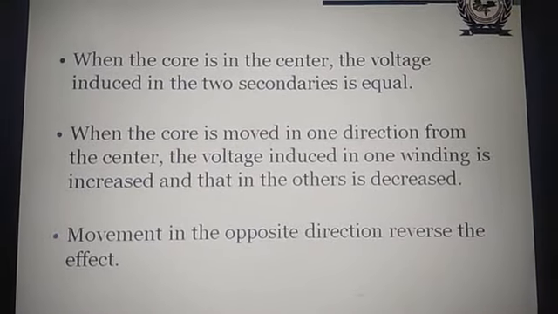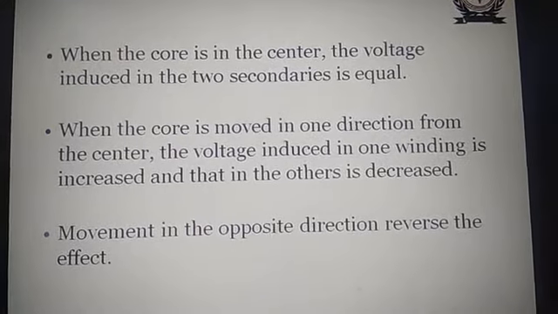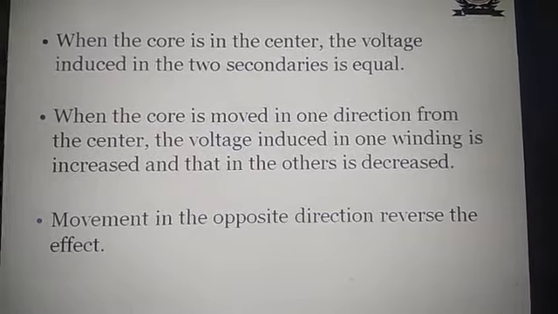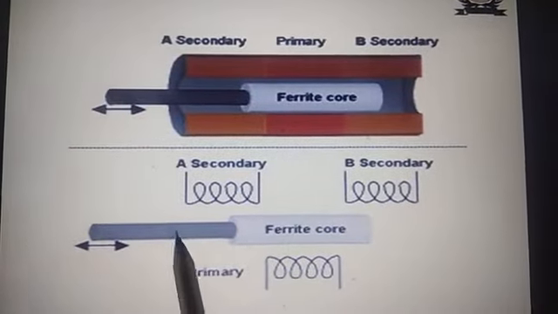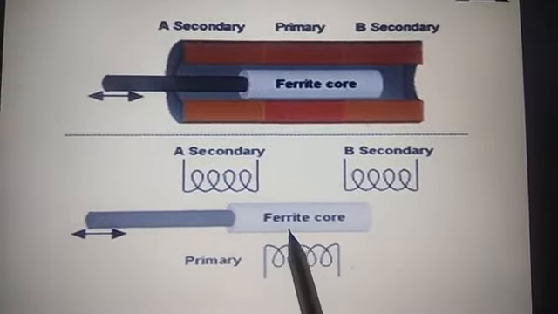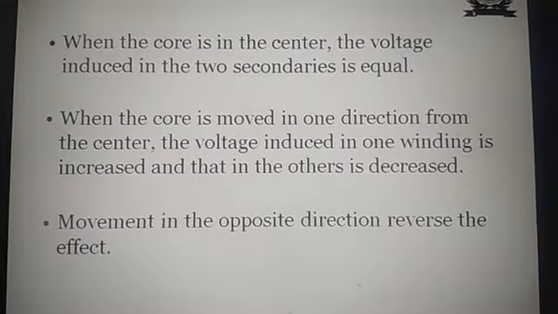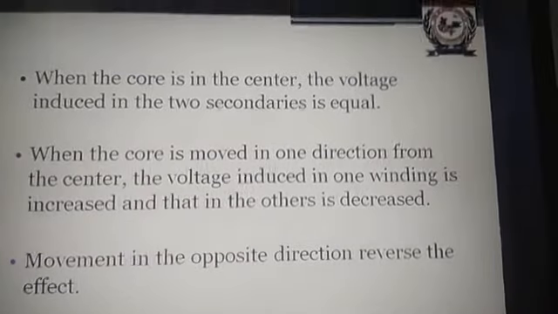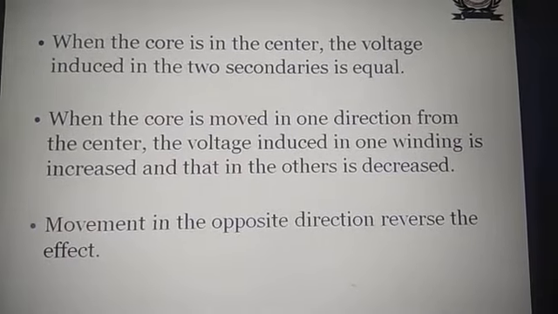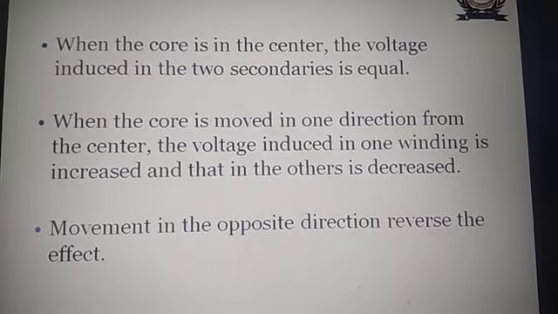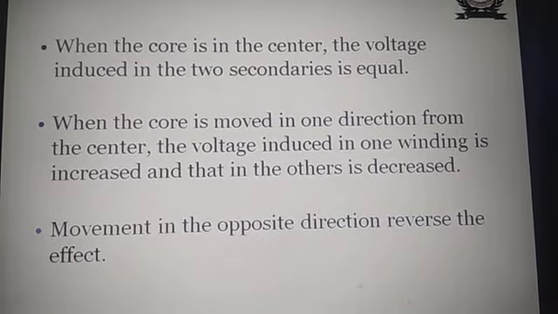When the core is moved to either the left side or right side from the center, the voltage induced in one winding is increased and that in the other is decreased.